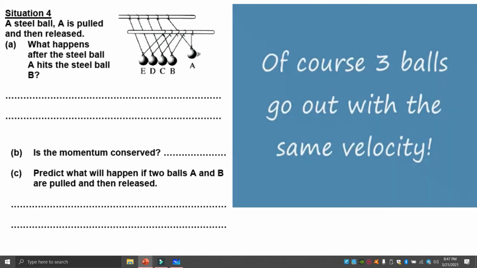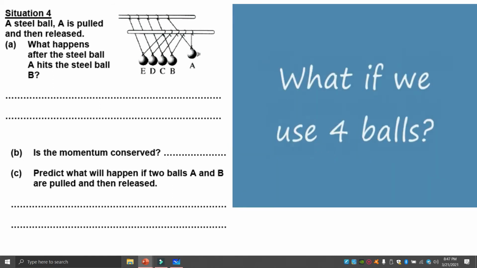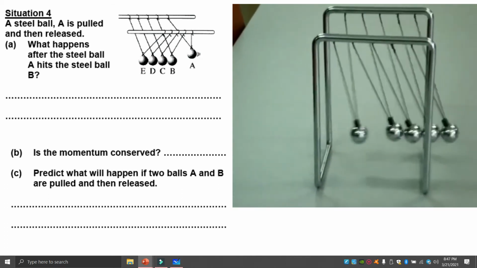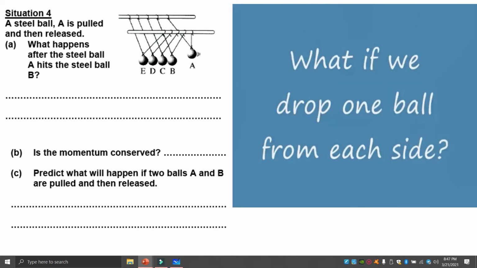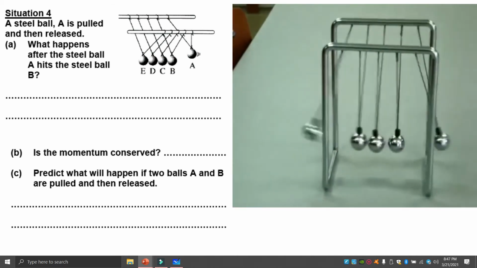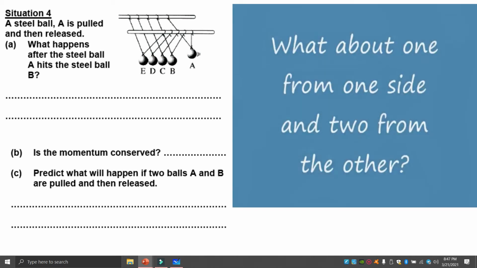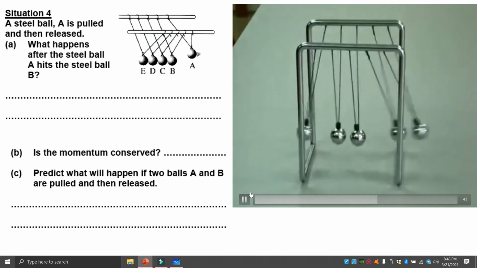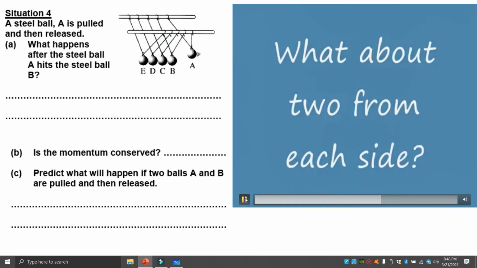Okay, you can see that. Okay. Alright. So this is actually the Newton's cradle. So it means in this one the momentum will be transferred.